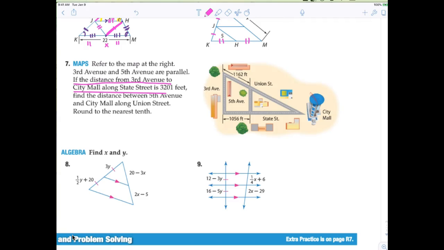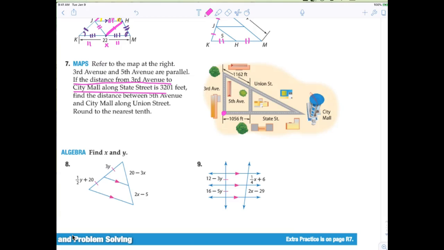You're at the bottom, 3rd Avenue, right here. And I'm going down State Street, and that whole thing is 3201. So then I just have to subtract 3201 from 1056, right?